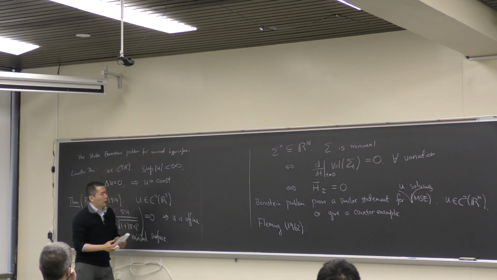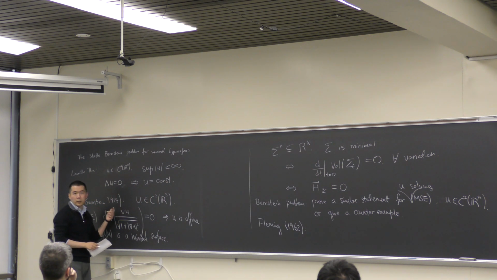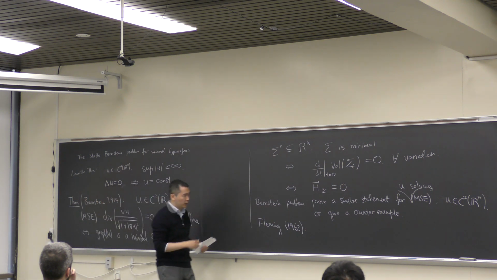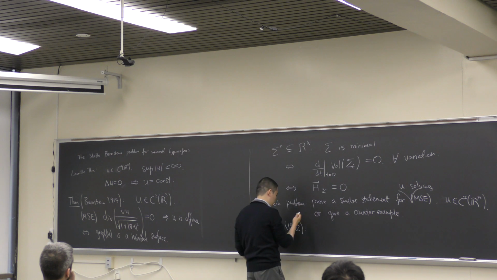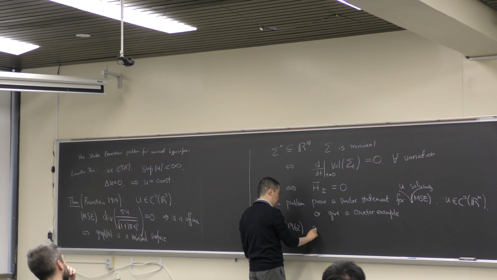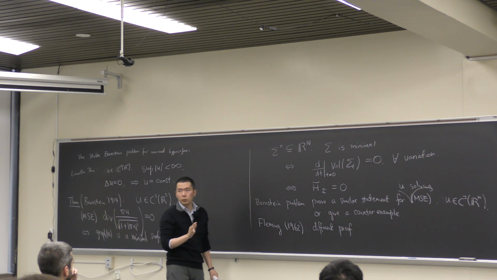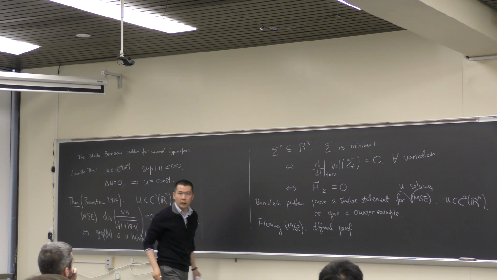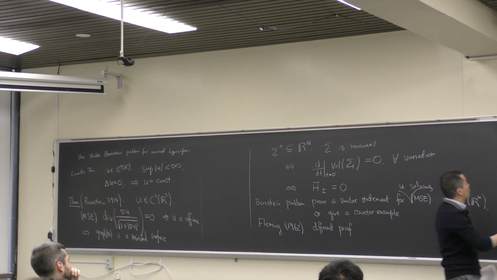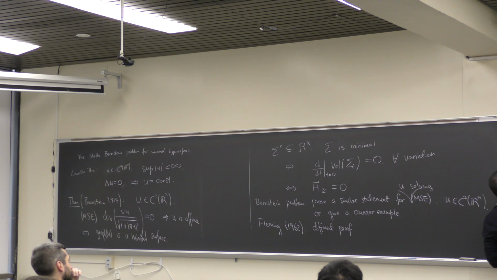Fleming gave a different proof of Bernstein's original theorem in R2, using a more modern approach. His proof is more geometrically natural. It is based on the so-called monotonicity formula.